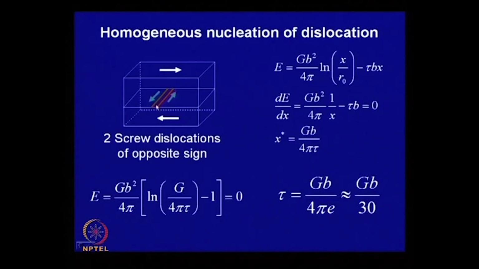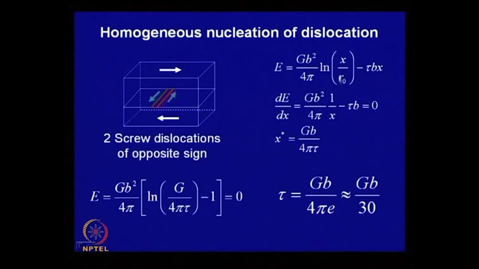In that case, what is the energy of this type of configuration? We know that the energy of a dislocation is equal to G b squared over 4 pi ln x over r naught, where x is the separation and r naught is the dislocation core size.